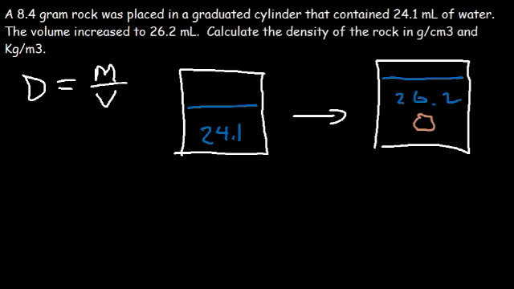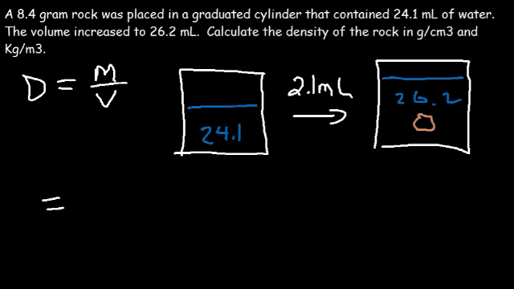So this is how you can find the volume of the rock. It's by water displacement. The volume of the rock is the difference between these two values. So it's 26.2 minus 24.1, which is 2.1. So the amount that the volume increases by, that's the volume of the rock.